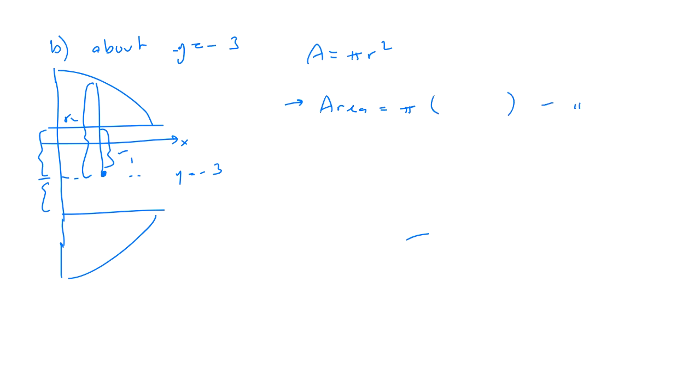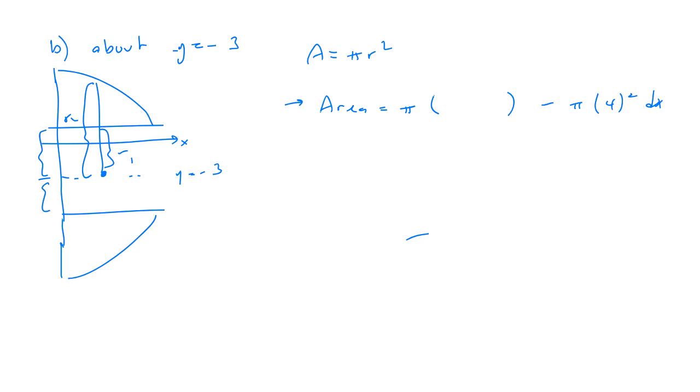Let me start with the inner one. What is R1 now? In the last one, R1 was 1. Now what is the distance from negative 3 to 1? That would be just 4. So I've just added 3 to the radius, which means what is going to be inside that first part?